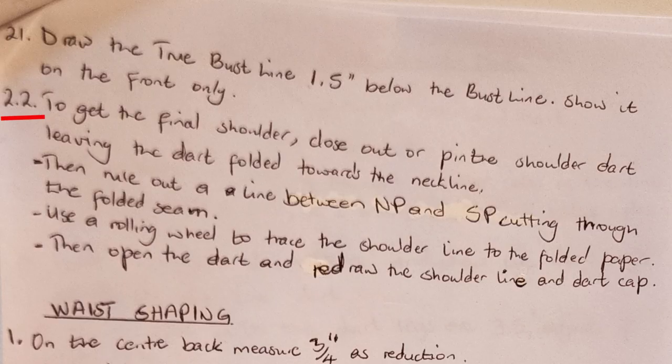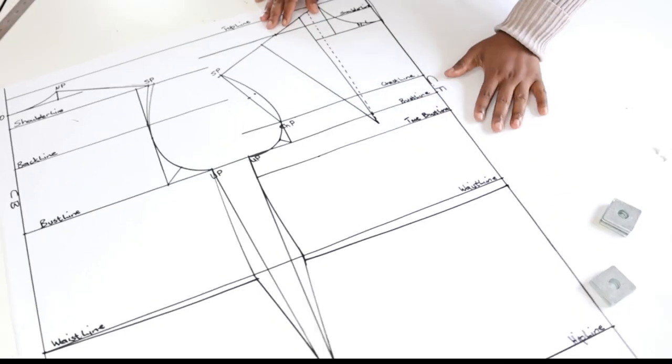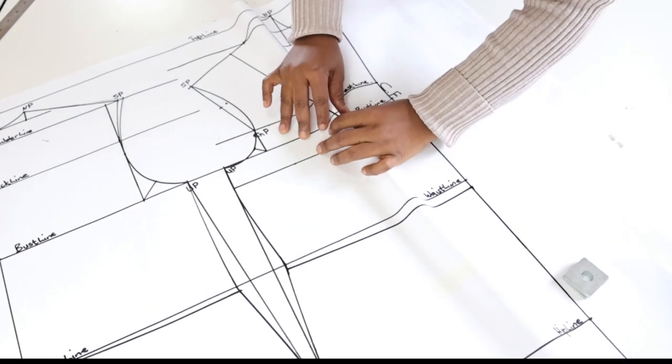And then next it says, to get the final shoulder for the front, we are going to close out and pin the shoulder dart, leaving the dart folded towards the neckline. So now we are going to hold the dart like so, fold the dart.